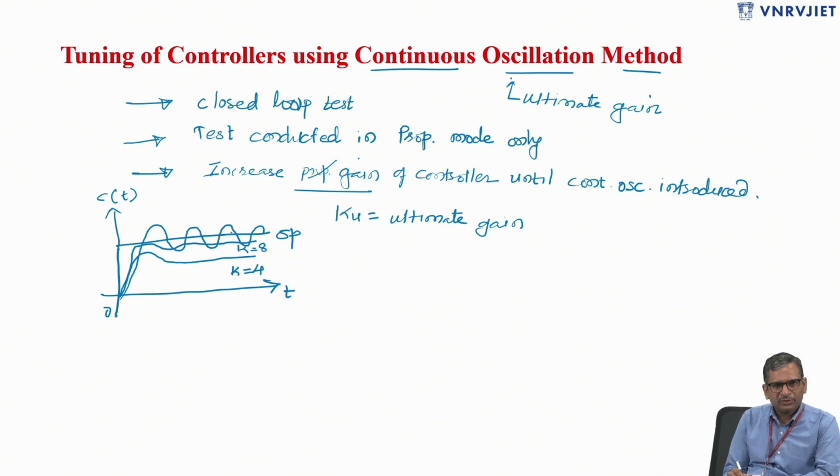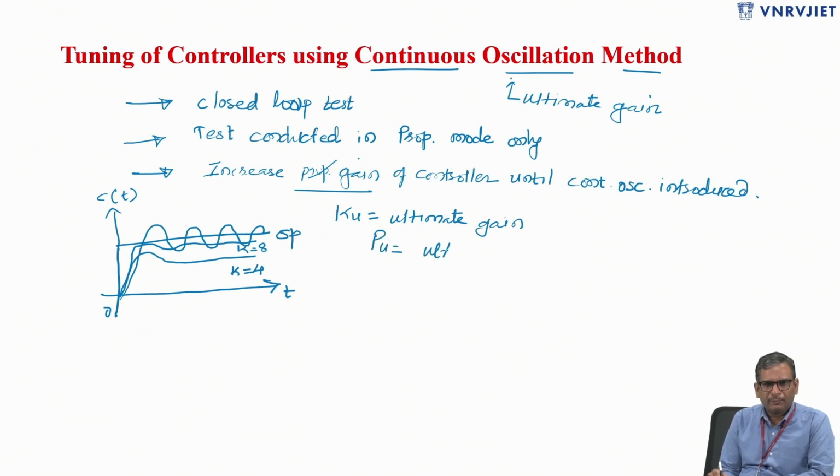Now from the output response, we have to find the ultimate period, Pu. The reason to find the ultimate gain and ultimate period is that we'll refer to the Ziegler-Nichols table to calculate the PID controller parameters.